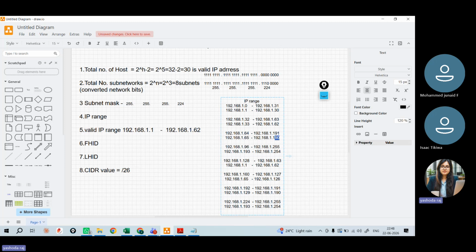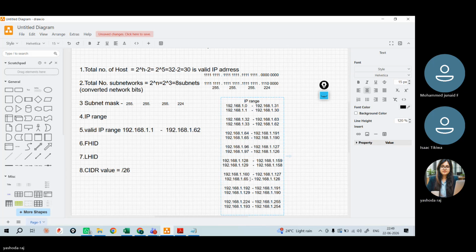Here it is 96 and 127, here 97 and 126. Then 128 and 159, here 129 and 158.